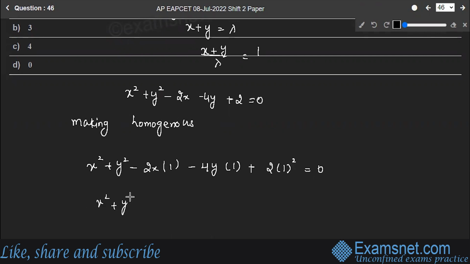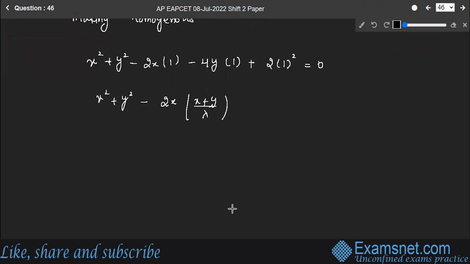That is, x square plus y square minus 2x into (x plus y upon lambda), because I have to introduce lambda in it, minus 4y into (x plus y upon lambda) plus 2 into (x plus y upon lambda) whole square is equal to 0. Solving it further from equation 1, I have filled in this thing. Hope this is clear how I've done this. So now let's take the LCM.